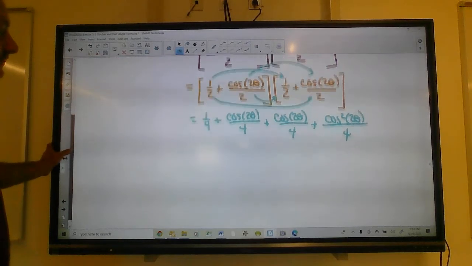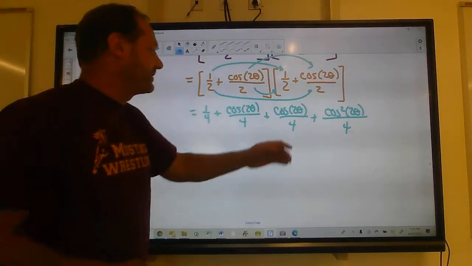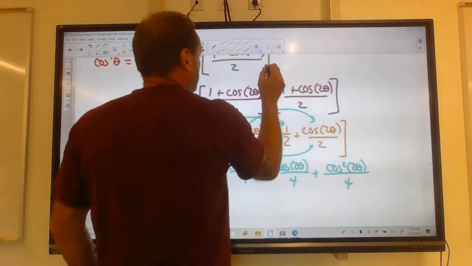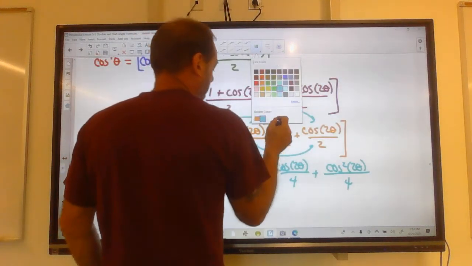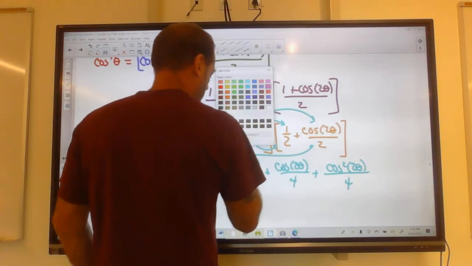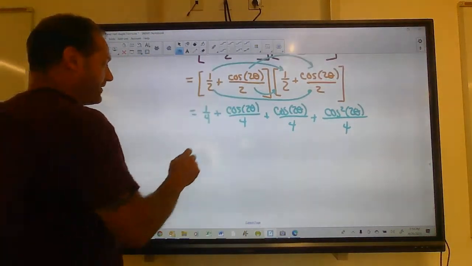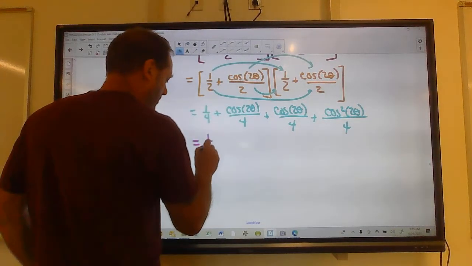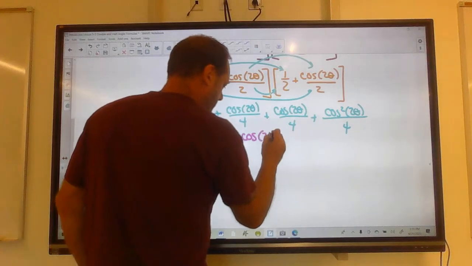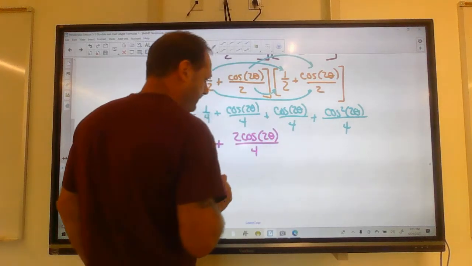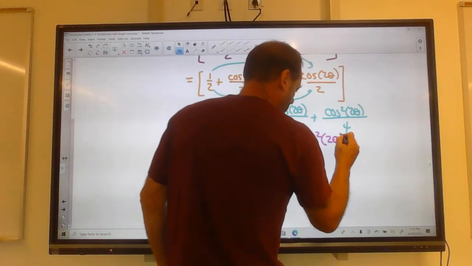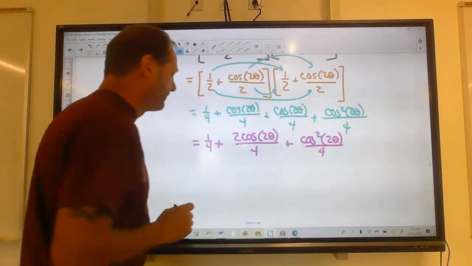Okay. So I've transformed this into this, and I can actually combine these right here. So this is going to be 1/4 plus 2 cosine 2 theta over 4 plus cosine squared 2 theta over 4.